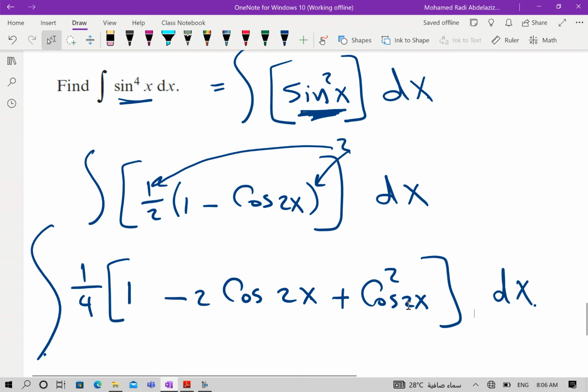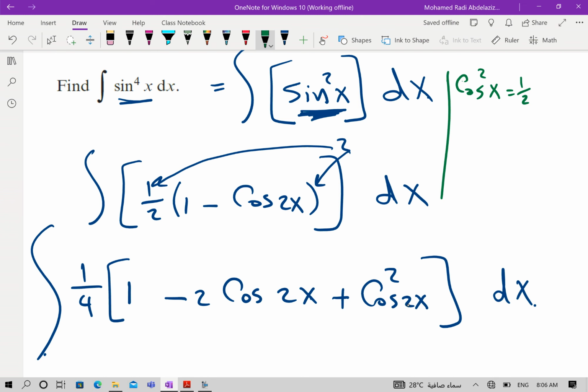What about cosine squared? Again, remove cosine squared and write the identity, which is half, open bracket, 1 plus cosine what? 4x. I will write this identity. We explained how to write cosine squared x. Cosine squared x is half 1 plus cosine 2x.